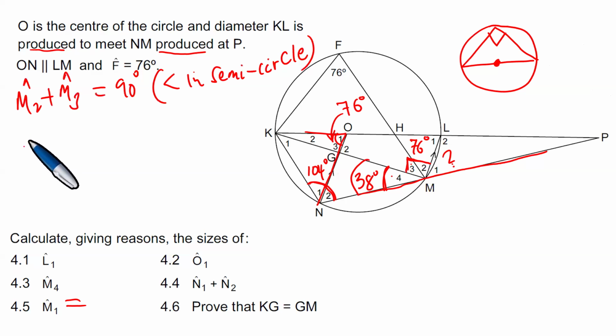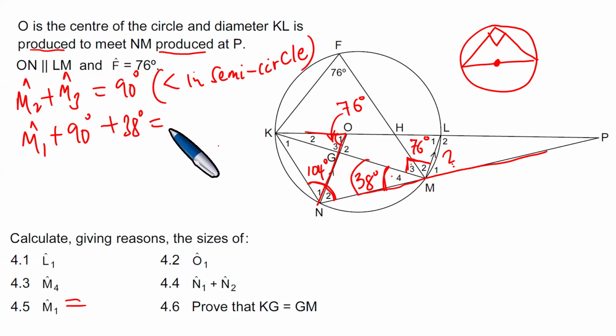Right, so then we come and say angle M1 plus 90 degrees plus 38 degrees, because this one is 90, plus the 38 degrees. We get adjacent angles on a straight line, and this is 180 degrees.